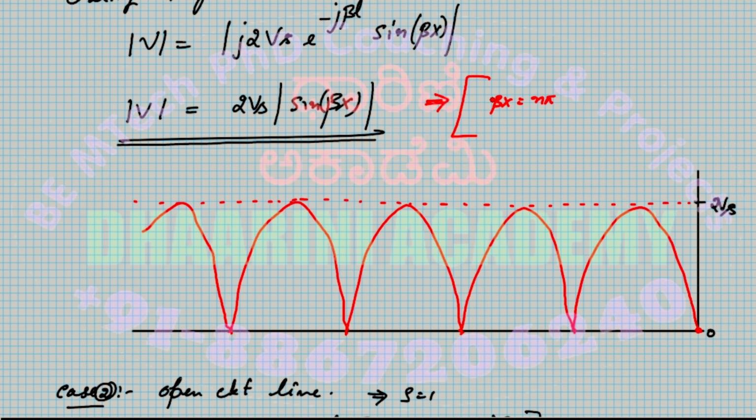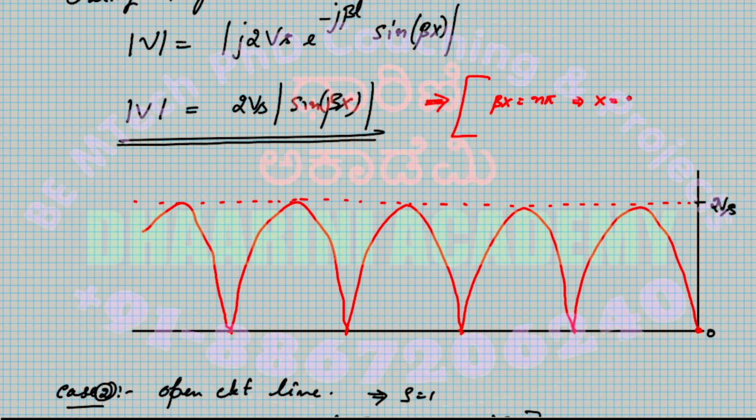Now what I can do is substitute for beta, correct? Beta is 2 pi by lambda. That means I try to find all positions of x where the wave is going to reach the minimum value.